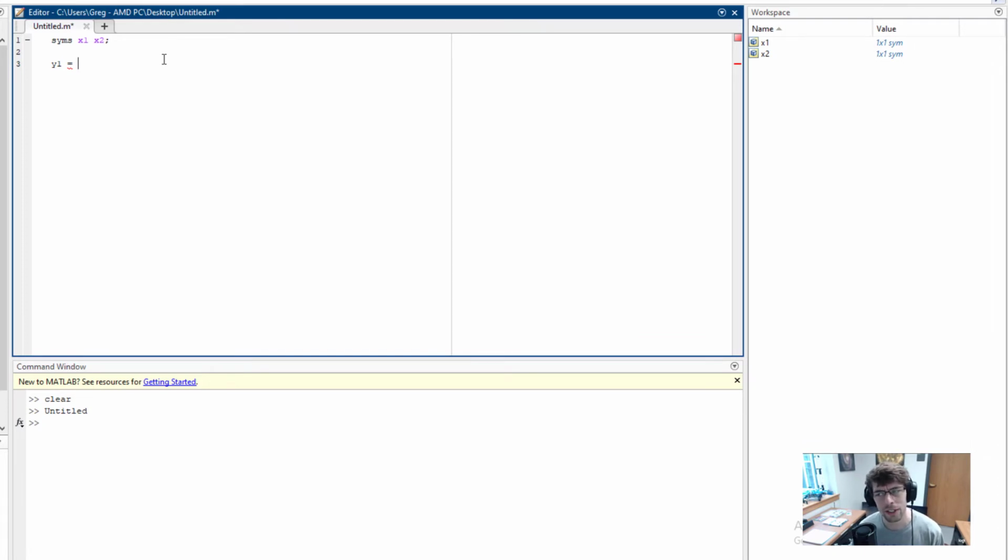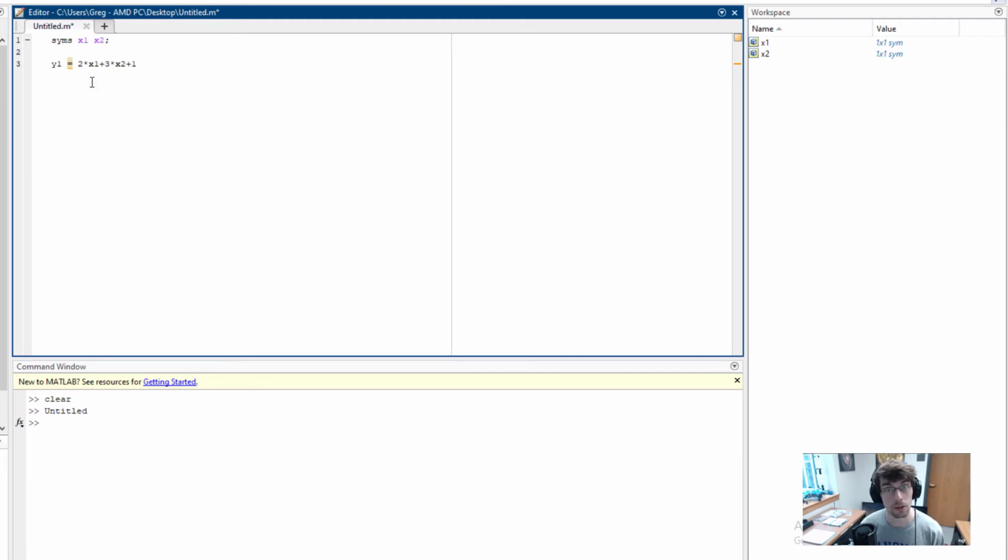Now here's the part. I want to do something like 2 times x1 plus 3 times x2 plus 1. That's the function that I would like to type in. The thing is, I have to tell MATLAB that I'm using these symbolic variables. It doesn't understand what x1 and x2 are because I haven't told it to use the symbolic variables.